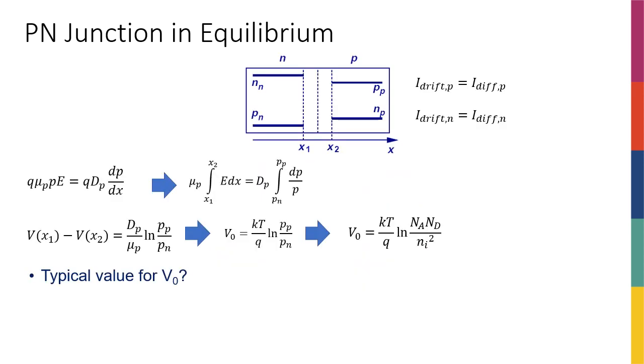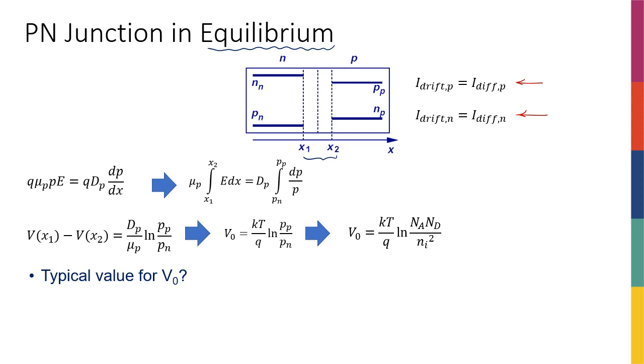So when the PN junction reaches equilibrium, meaning that when the depletion region stops growing, and we know that there's no net carrier transport due to drift or diffusion because these currents are canceling each other, we can say with a good level of confidence that the drift and diffusion currents of holes, and the drift and diffusion currents of electrons, are going to be equal to each other.